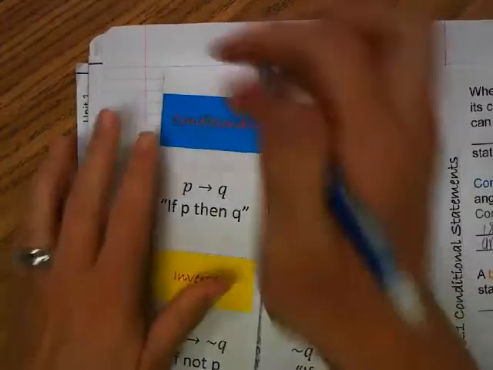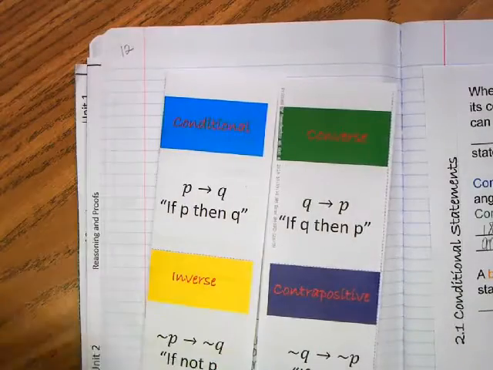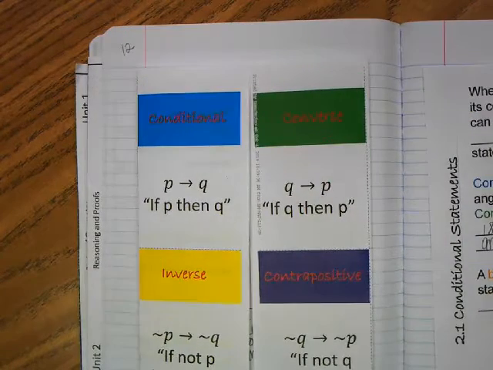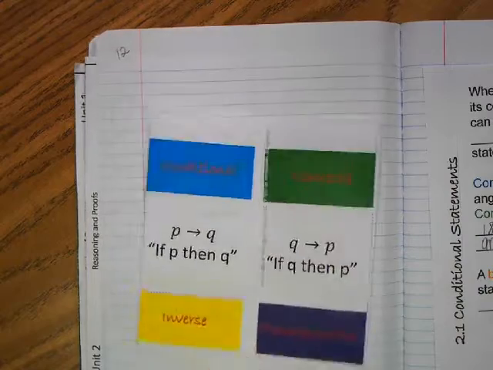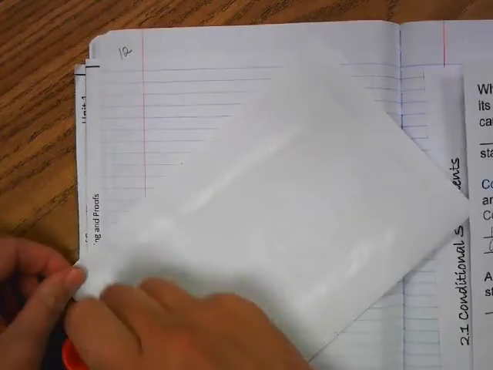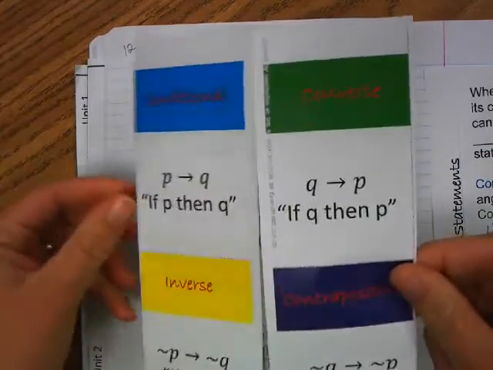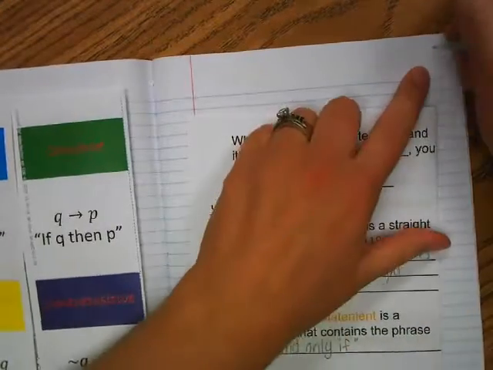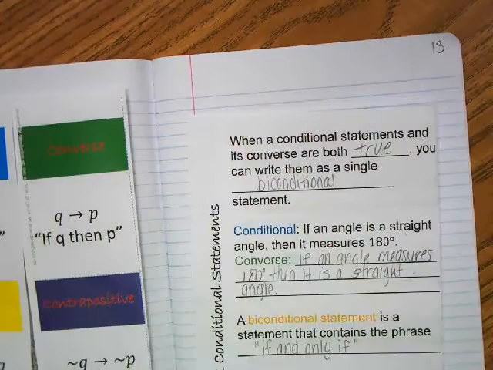Then we have page 12, which was the conditional, converse, inverse, and contrapositive statements. And then page 13 was biconditional statements.